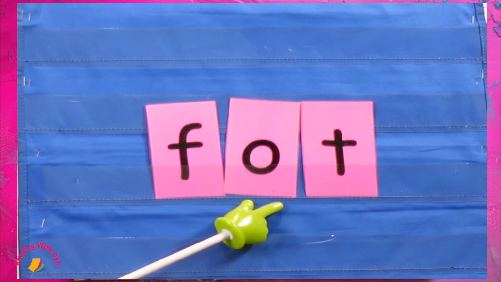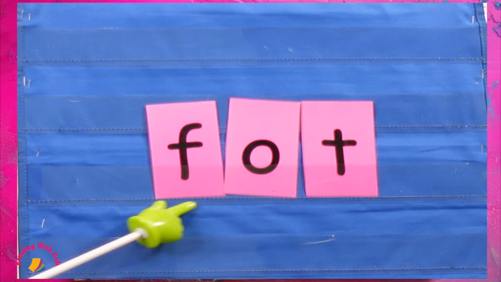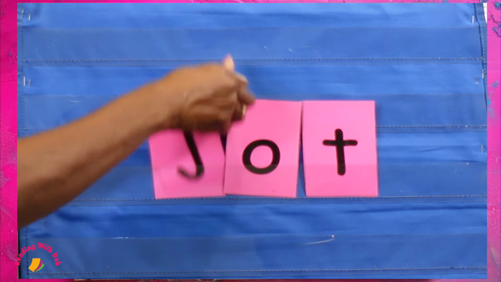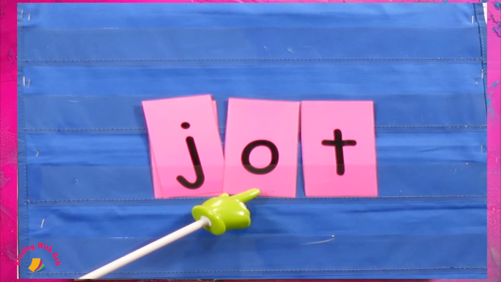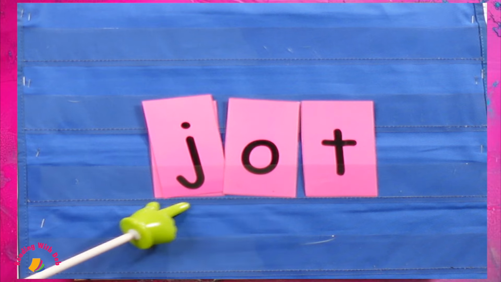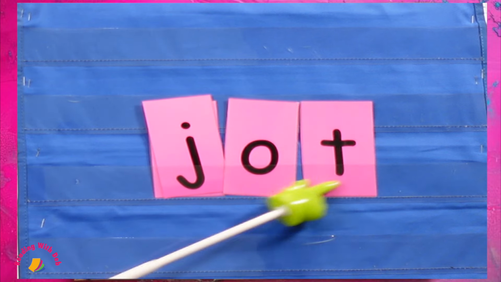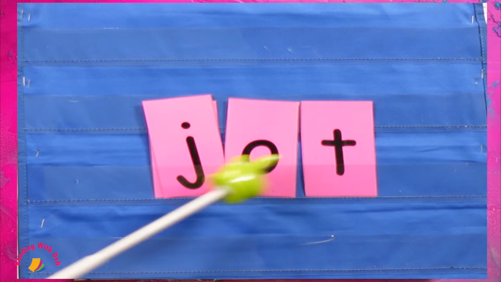The vowel will say the sound. The sound for O is /ah/. Let's blend. /ah/, fa, fot, fot. J, /ah/, ja, jot, jot.